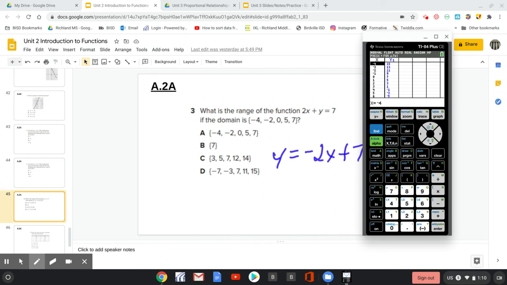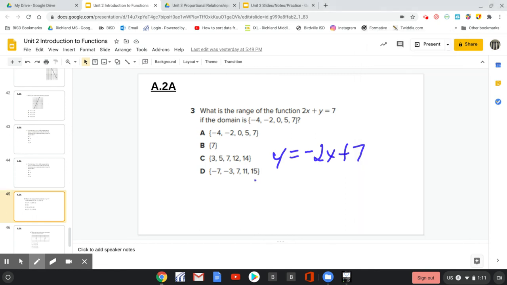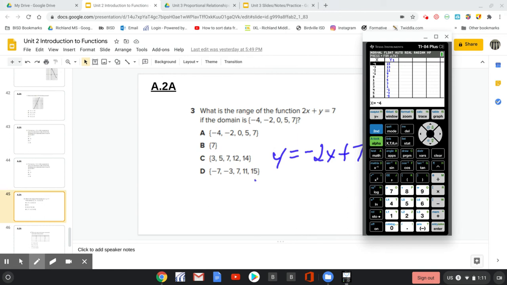When x is negative 4, y is 15. And we have that here. When x is negative 2, y is 11, and that's the other number. When x is 0, y is 7.